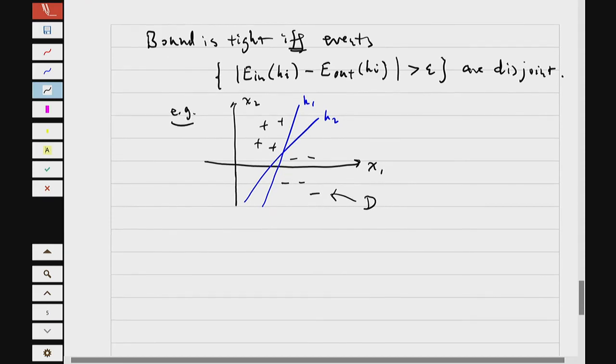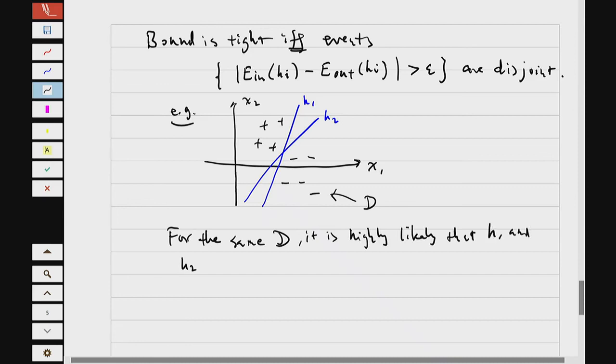So for some given D, it is highly likely that H1 and H2 are not mutually exclusive. Either they're both good or they're both bad.